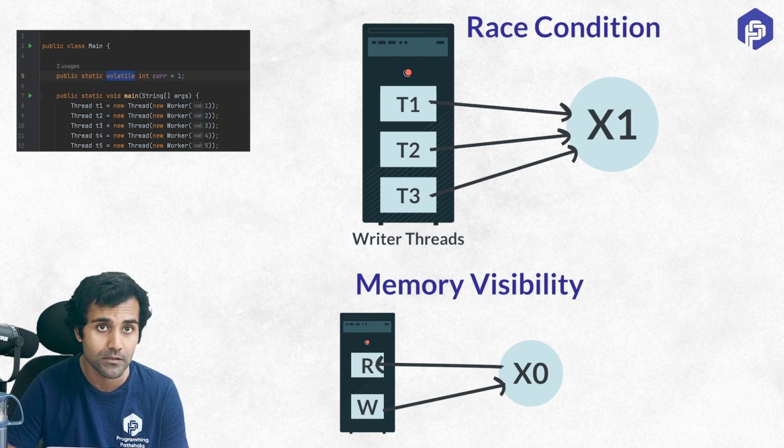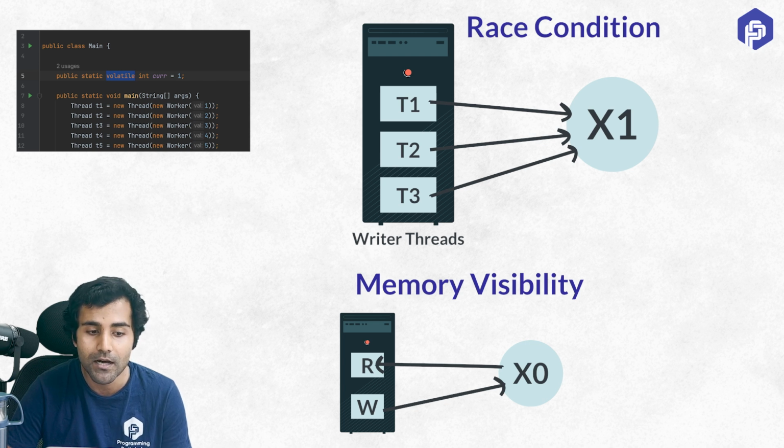In this scenario we don't have multiple threads mutating the same variable, only one thread, so a race condition will not happen here, but a memory visibility issue can, because the change made by the writer might not be visible to the reader. So the second danger is very different from the first danger.